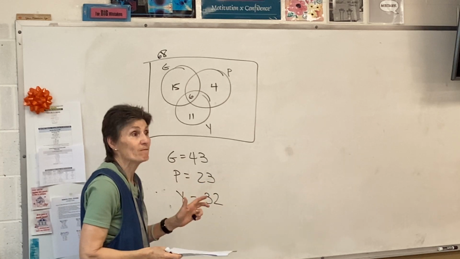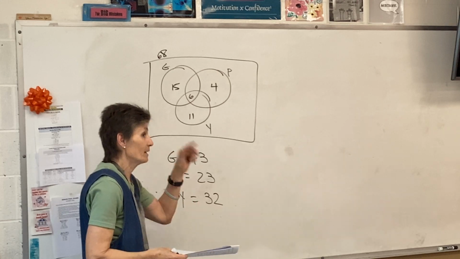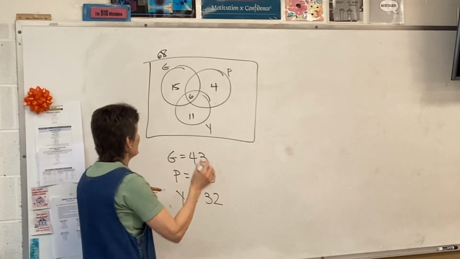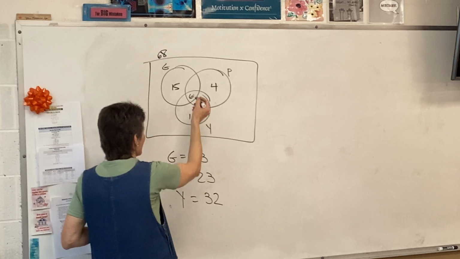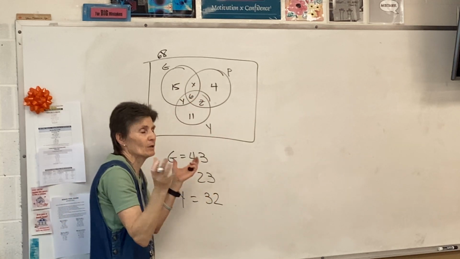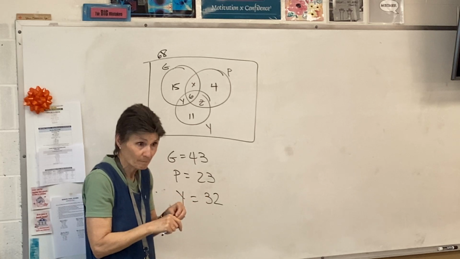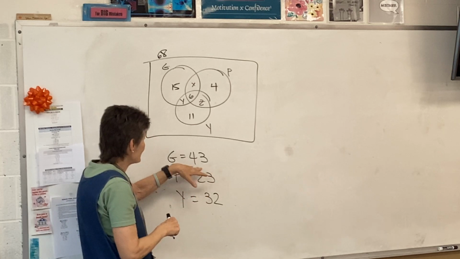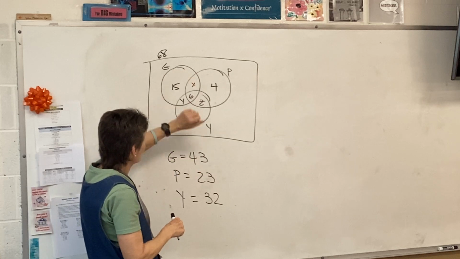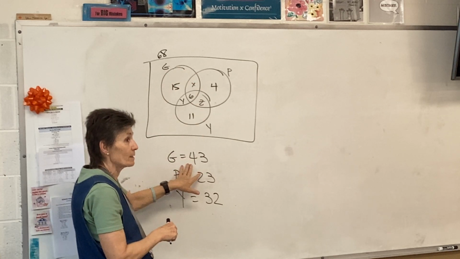Okay, so we had that before. Now, it's time to fill in the rest of the Venn diagram. Do you remember how we did this the other day? We put X, Y, and Z, or A, B, and C, whatever letters you want, in the missing chunks. And then we said, the entire green ball has to add up to 43.